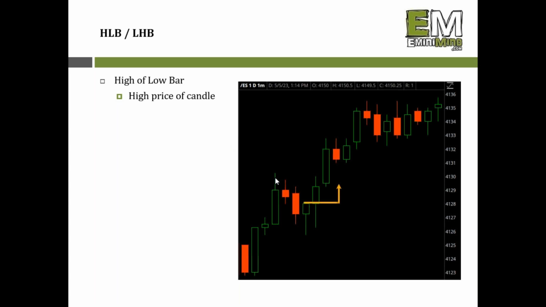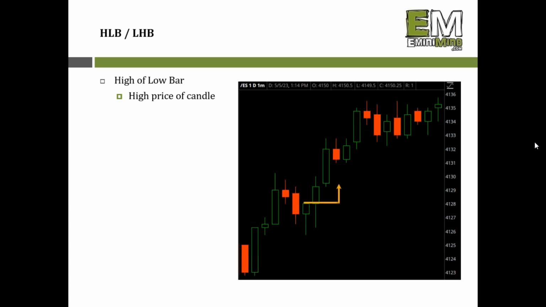So if we consider this like a 3 candle pullback here, going from the left of the chart, you've got a red bar and then 3 green bars. And then the market pulls back with these 2 red candles, and then you get this hammer. So the high of low bar and low of high bar is referencing the entry price, or the entry level, for this type of trading.